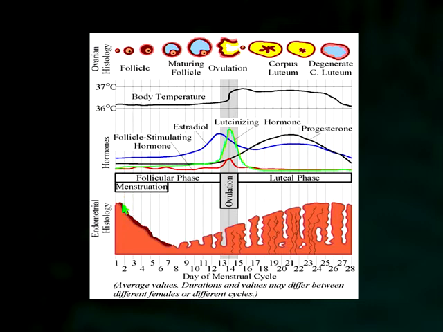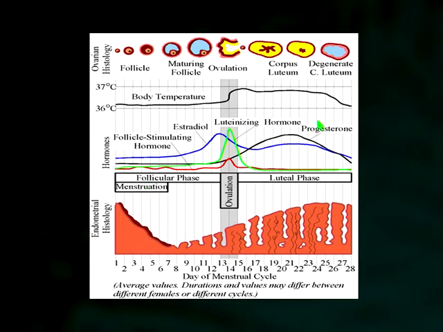That's just convention. You can see here that there's a nice peak in body temperature, although it's not a big change because the scale here is just 1 degree. You can see the progression of the follicles maturing in the ovary, and then the development of the corpus luteum. And you can also see the changes in the uterine lining here in the various phases.